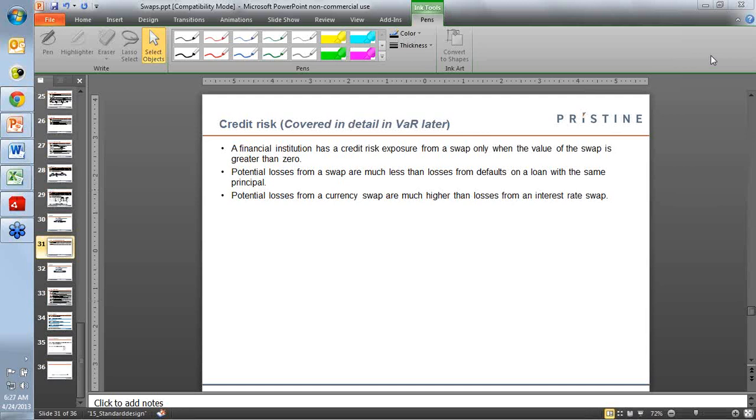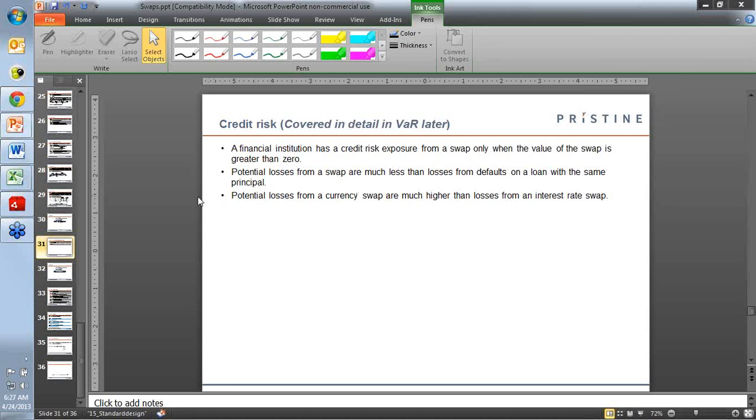So in swaps the potential losses are much less than loss from defaults on loans, because the amount that is to be paid is much lesser.